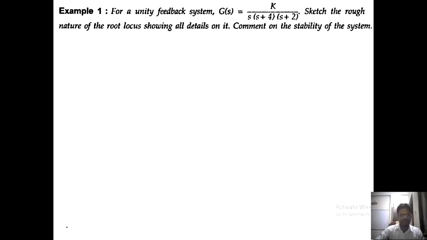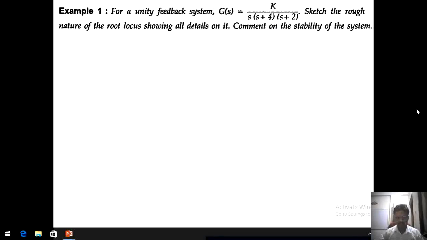So this is the very first question. For a given unity feedback system, G of s is k by (s plus 4)(s plus 2). Sketch the rough nature of the root locus, showing all details on it, and comment on the stability of the system.